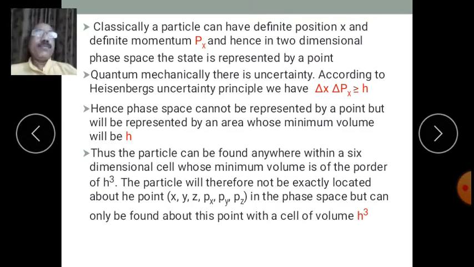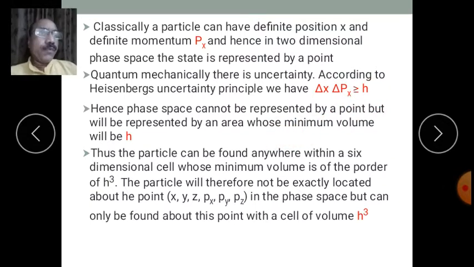So if we know the definite position and momentum in two-dimensional space, we can represent it by a point. But according to quantum mechanics, there is uncertainty in the measurement of position and momentum, isn't it? So according to Heisenberg's uncertainty principle, the uncertainty in the measurement of position and momentum is delta x into delta px is greater than or equal to h.